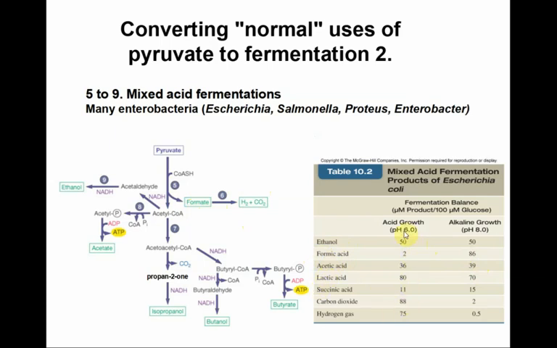Then at lower pH, you get an increase in the production of carbon dioxide, much higher than here, and hydrogen gas. A lot of gut bacteria will be producing dihydrogen gas.